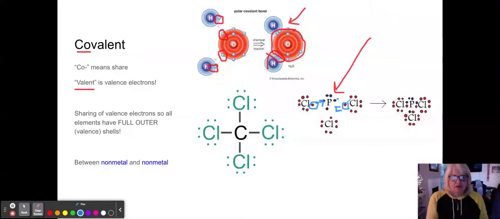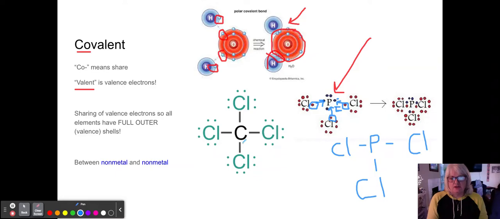This chlorine will share here. And then this little electron here is going to share with this one. So now everybody's happy. We're sharing all our electrons, and it looks like this. If you want to draw the bonds, we draw it with a single line if it's a single pair of electrons that are being shared. So it would look like this.